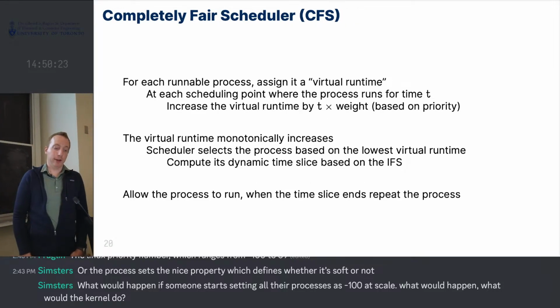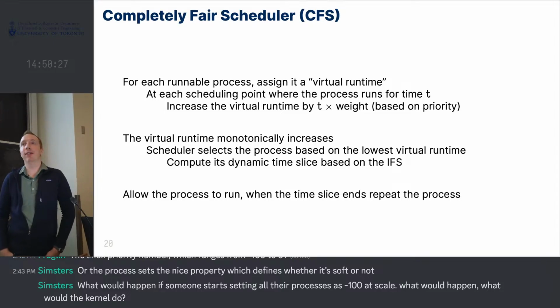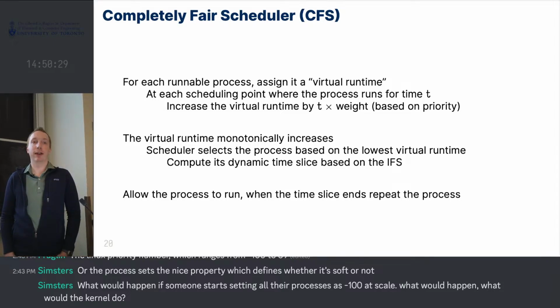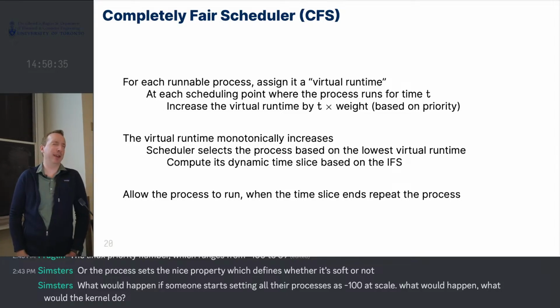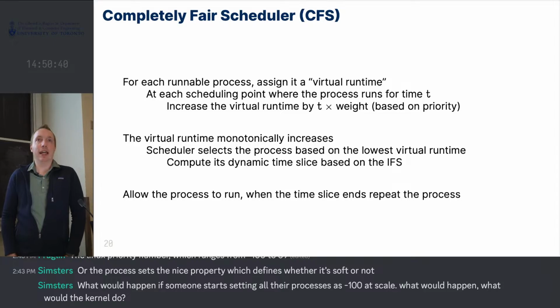So the completely fair scheduler, which is actually used now, assigns each runnable process a virtual runtime. We like using the word virtual runtime, and they use it in a kind of weird way. It just means it's not a real runtime, that they are scaling the numbers.